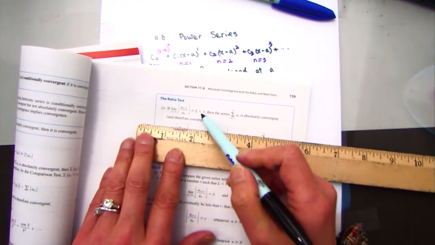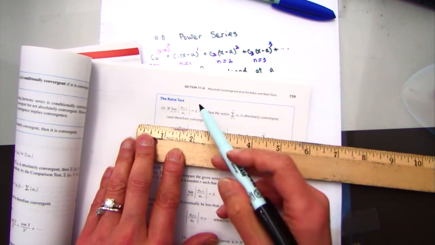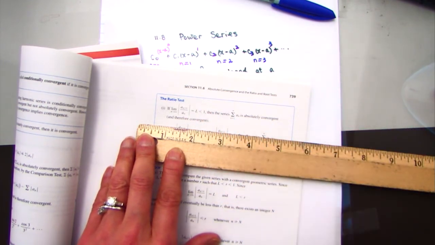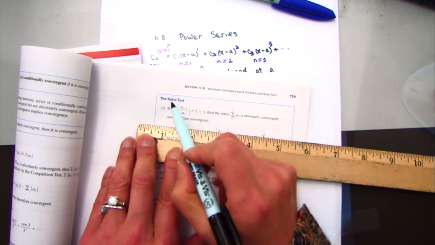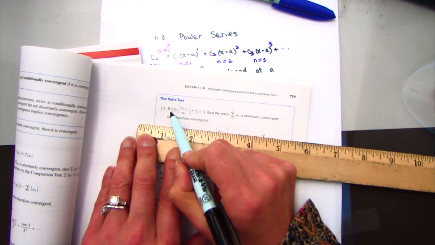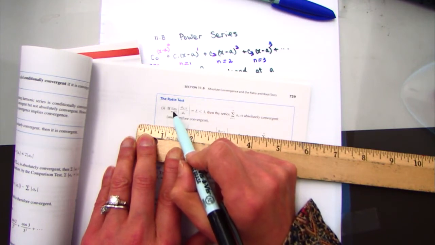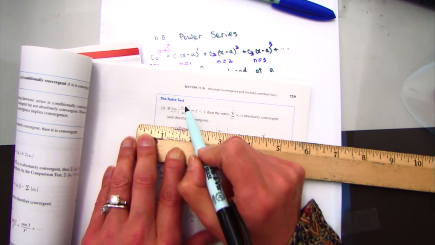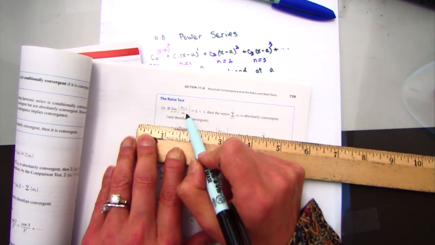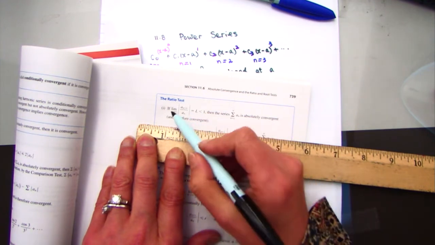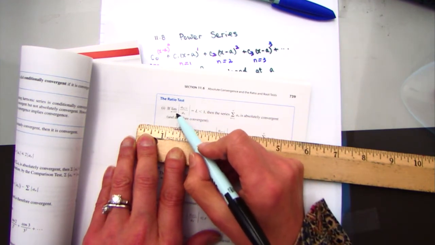That's just too much information. I myself only remember that if the limit of the ratio is less than 1, then you have absolute convergence. Also notice the limit as n goes to infinity. What does that mean? It means we are looking at the limit of the ratio of the two terms at the very end of the series.